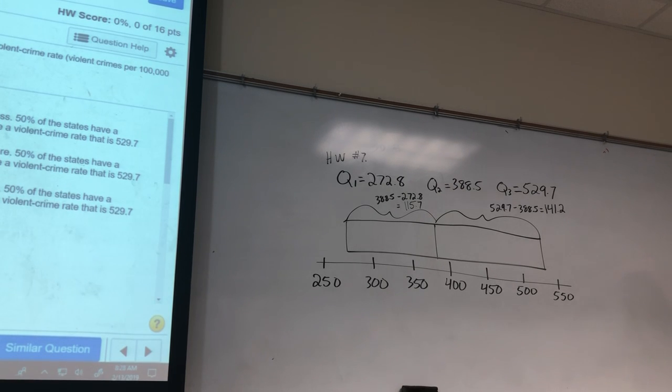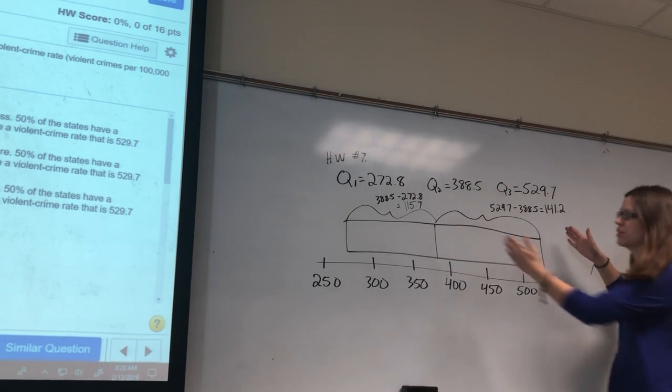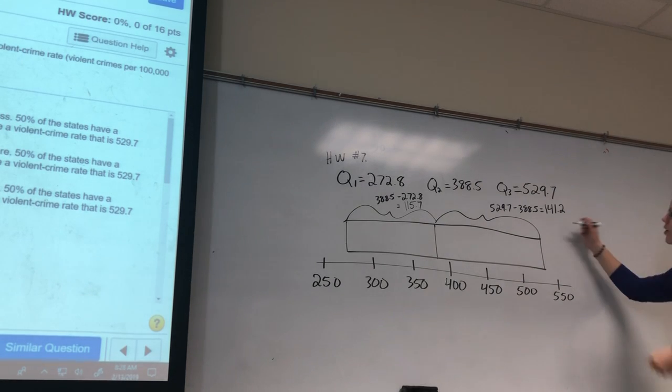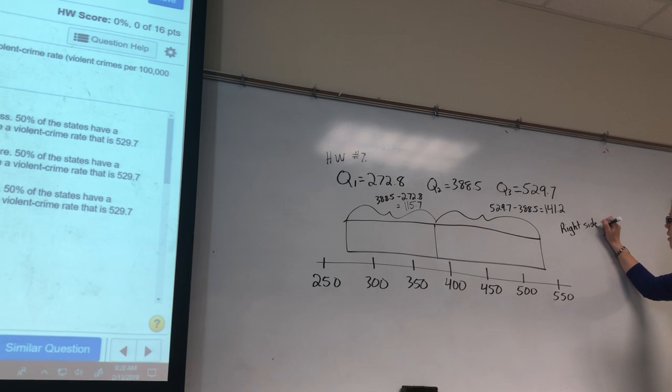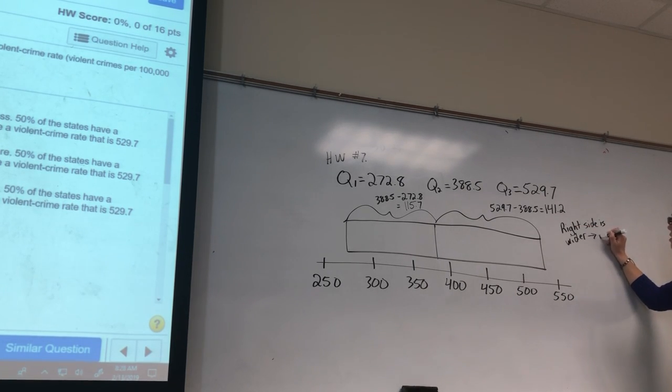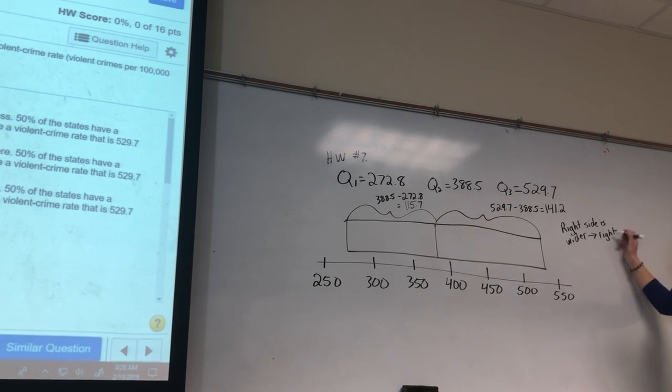Just to verify, when you draw it, you can't really tell which one is wider. But in this case, this one has the higher number. There's a bigger distance between Q3 and the median. So since the right side is wider, based on our criteria over there, we're going to say that it's skewed to the right.